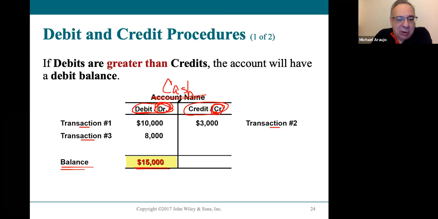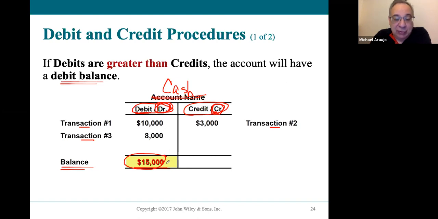Now the balance also has to be on the side in which the account increases. In this case, cash increases on the debit side. The balance in the cash account is always going to be on the debit side. If you were asked as a bookkeeper what our current balance in cash is, the proper response would be cash has a debit balance of $15,000.